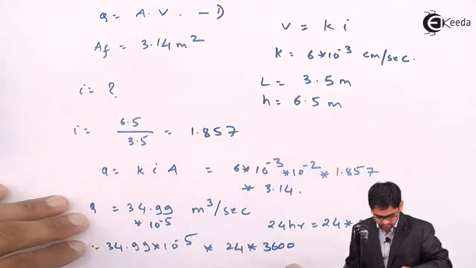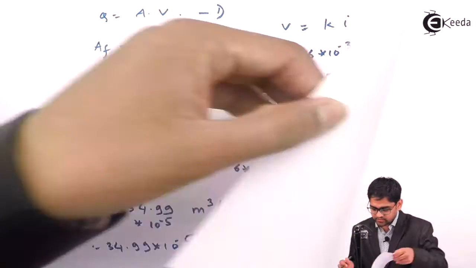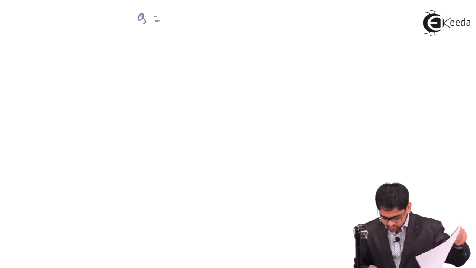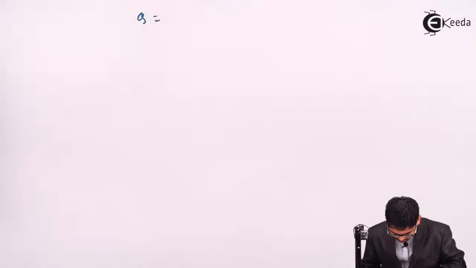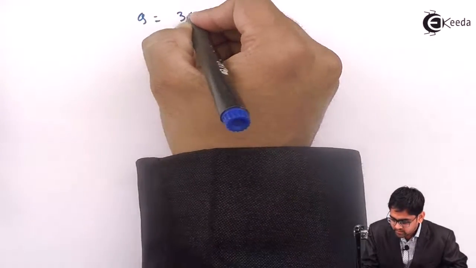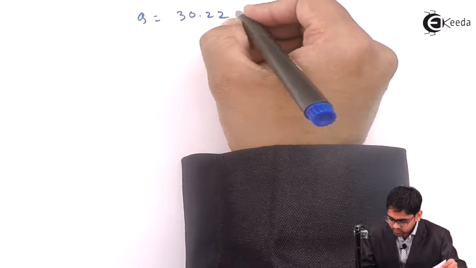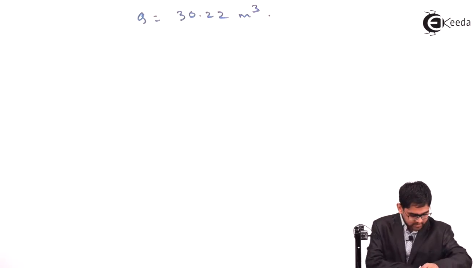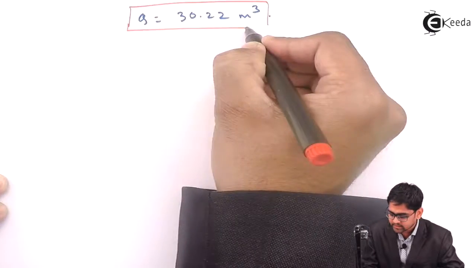If you evaluate this, you will get the quantity of water filtered, Q, equals 30.22 meter cube. This is the answer for step 1 of problem number 6.